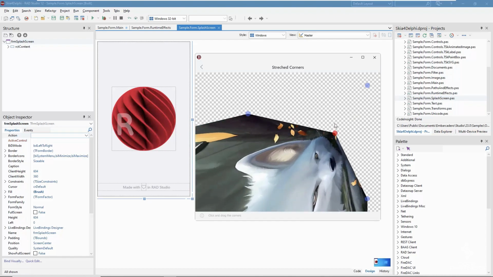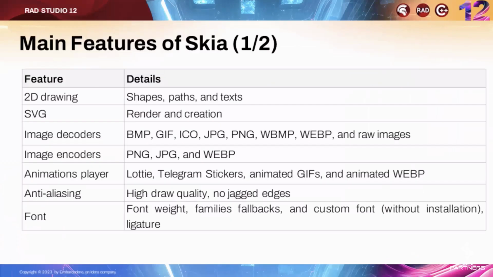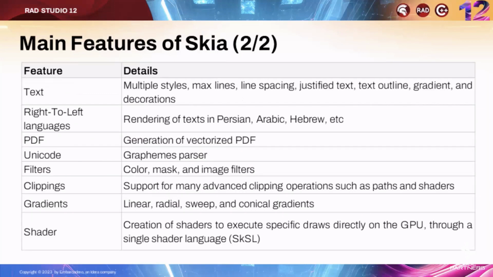I could go through all of the features in Skia, all of the capabilities, the graphic formats. I won't do it. There's really too much to go into each of these elements, but the main point is this becomes automatically available as part of FireMonkey, so there isn't much you have to do to enable this large amount of extensions to your existing FireMonkey applications.